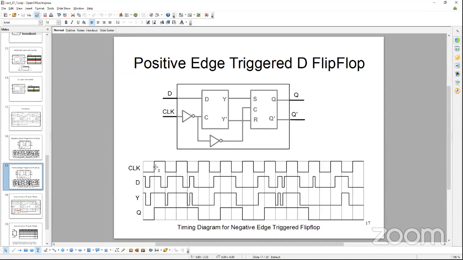And that gives the phenomenon that at the positive edge of the clock, that means when the clock is transitioning from 0 to 1, whatever the D value is gets stored inside this flip-flop as a whole device, and Q is jumping to that logic. It's following exactly that path on the positive edge of the clock. So that's the positive edge triggered flip-flop.